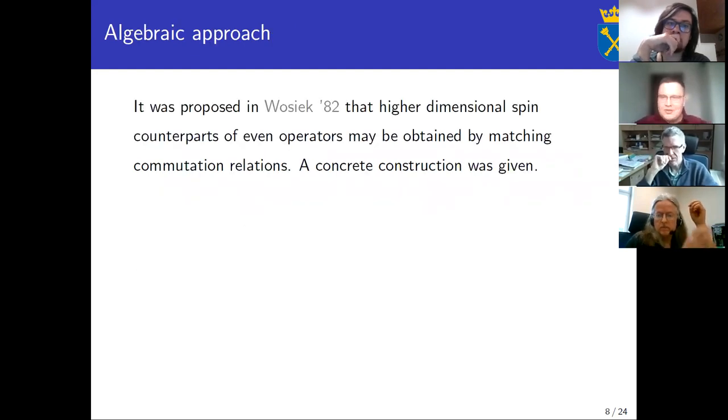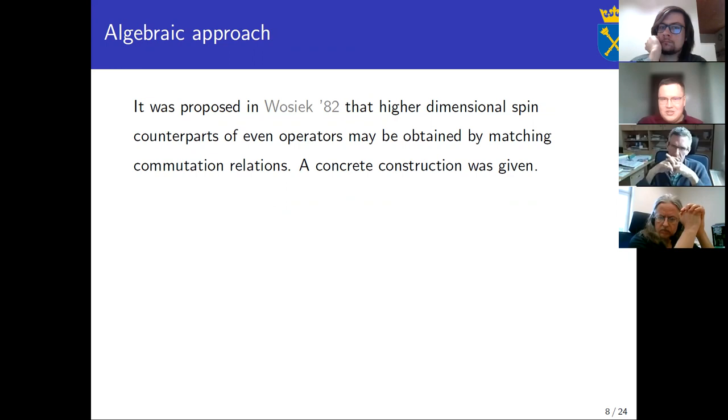There was a paper in 82 that proposed the following approach. We want to bosonize even fermionic operators, express them in terms of some spin operators, but instead of writing down the relation explicitly as is done for the Jordan-Wigner transformation, just try to match commutation relations.